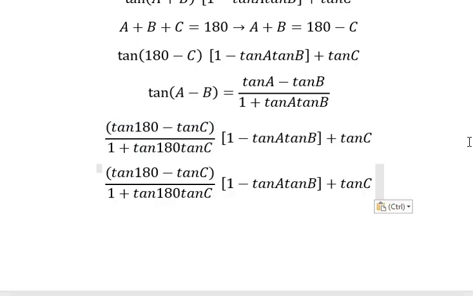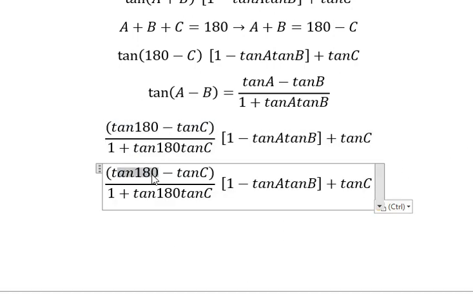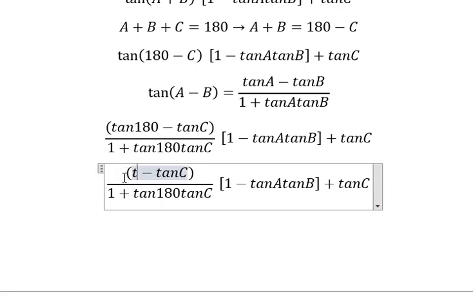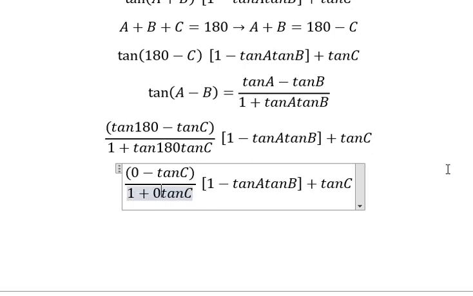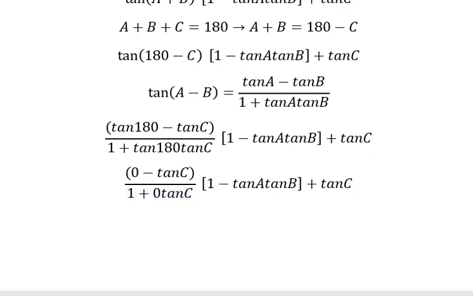Now this one, that is about number 0 in here. This one, that is about number 0. So if we simplify, we got like this.